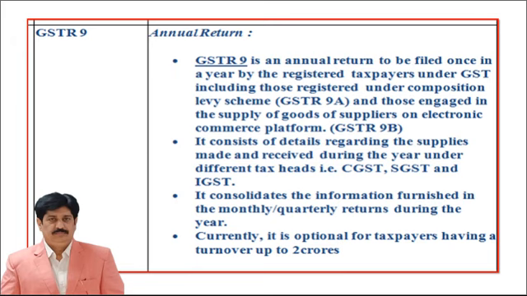Annual return consists of details regarding the supplies made and received during the year under different tax rates. These are CGST, SGST and IGST.